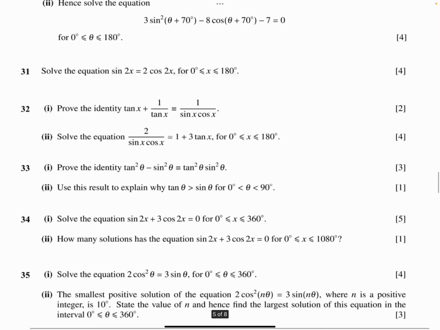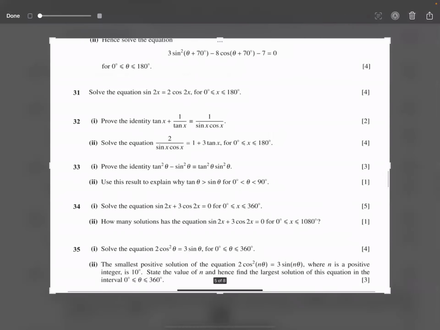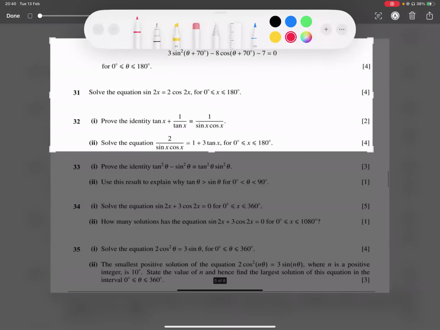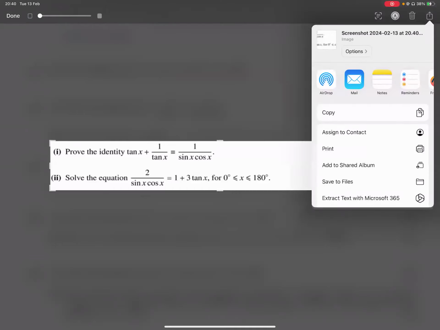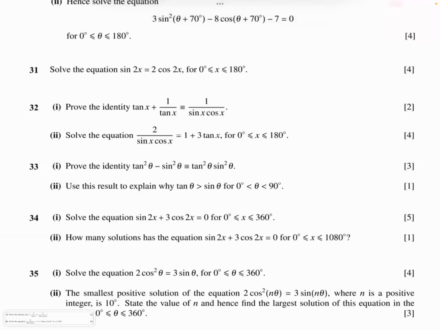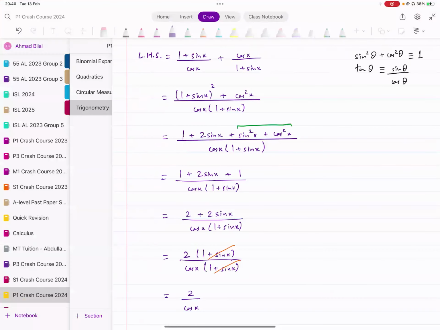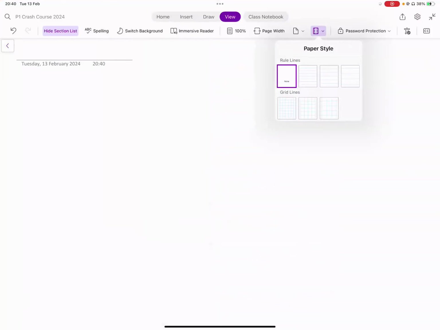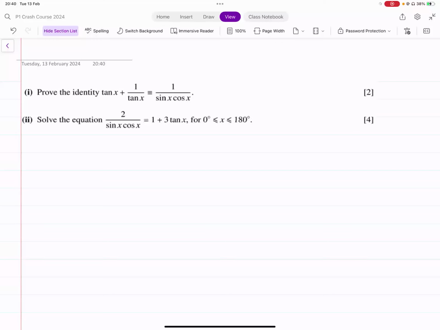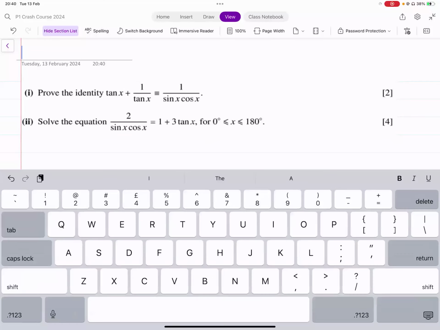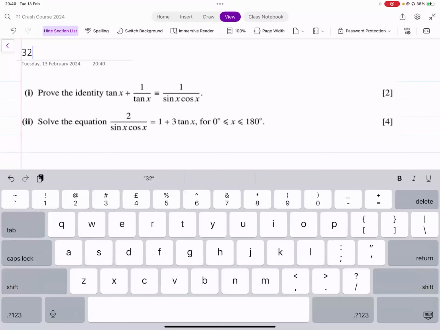Okay, so again, you have to prove something here. This is 32.